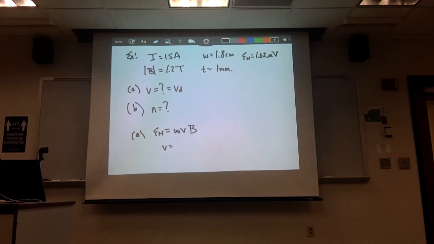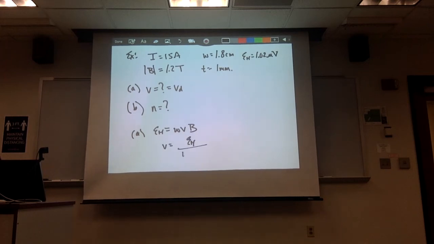So my velocity is going to be equal to my Hall EMF divided by the width times the magnetic field. So it's going to be 1.02 times 10 to the minus 6 volts divided by the width, which was 0.018 meters, times the magnetic field, which was 1.2 Tesla.